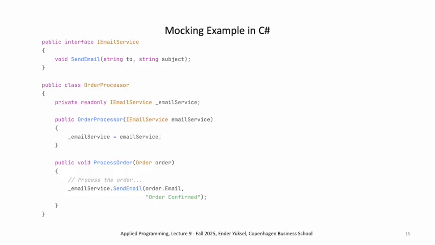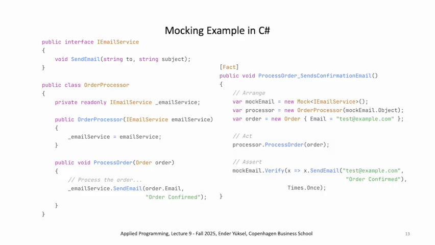When ProcessOrder is called, it does whatever order processing logic you have, then calls the email service to send a confirmation. In production, this would send a real email. In testing, we will use a mock. Now the test.